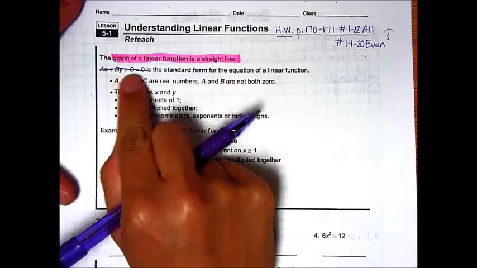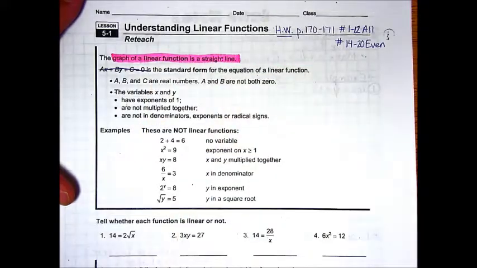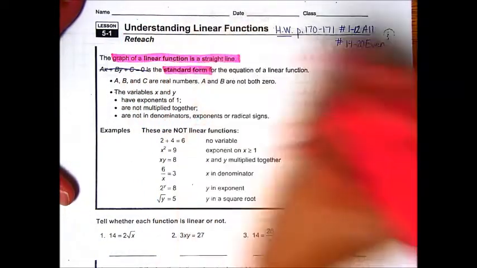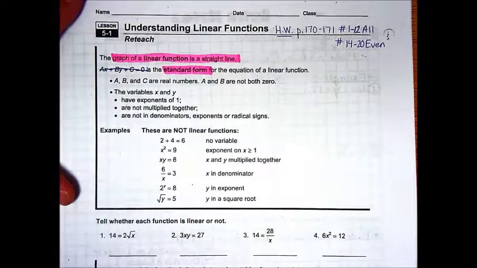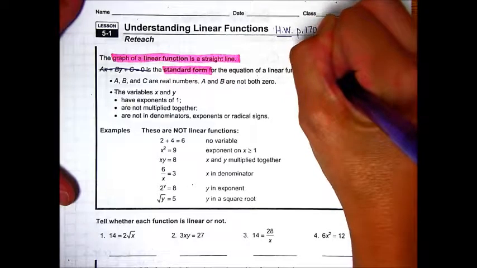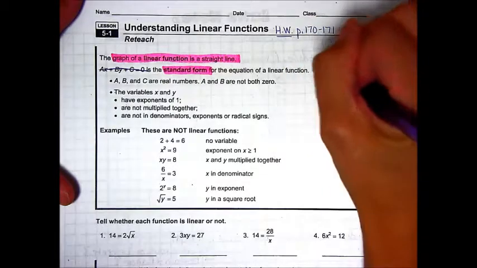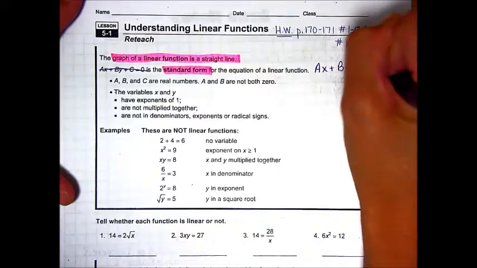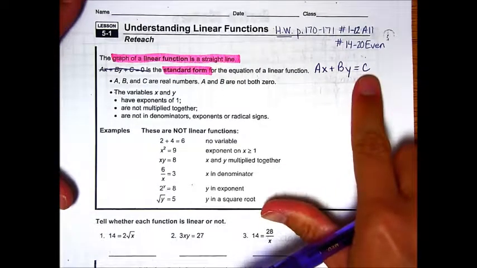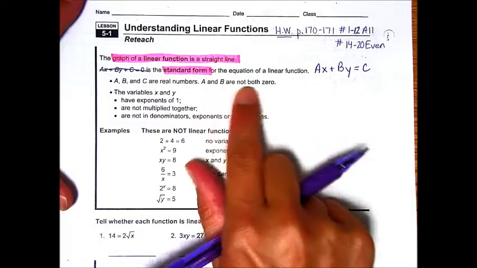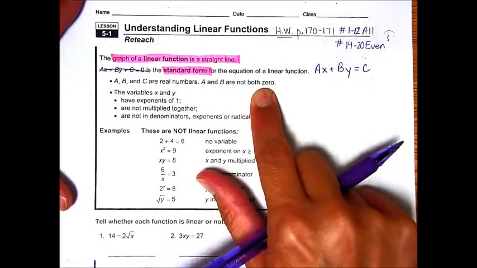They're saying that this is standard form of a linear function, and that is not true. Standard form, I'm going to go ahead and highlight here, and we're going to write out to the side the correct way to do standard form, which is ax plus by equals c. The rules for this are that a and b would both be non-zero numbers.